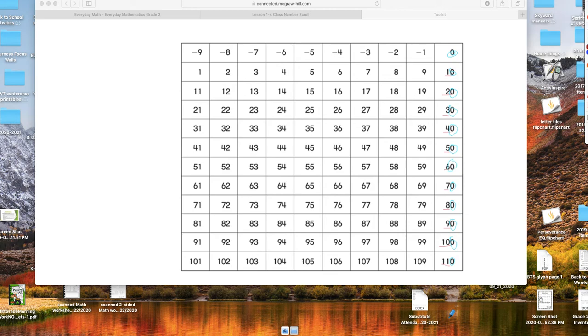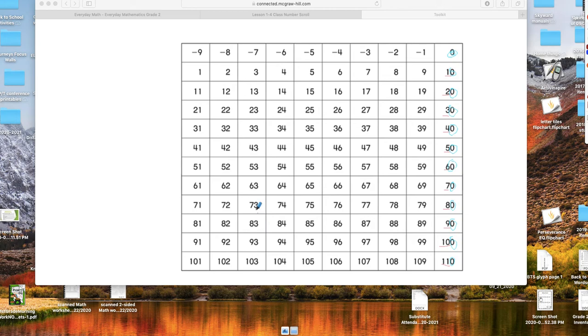Now, it's really easy to do it on the tens side because they're all tens. Do you think it's just as easy to do it, let's say, over here in the threes column? Yeah, it's just as easy because the only number that is changing is the number in the tens place. See how the 3 stays the same no matter what? It always stays the same as you're going up and down.